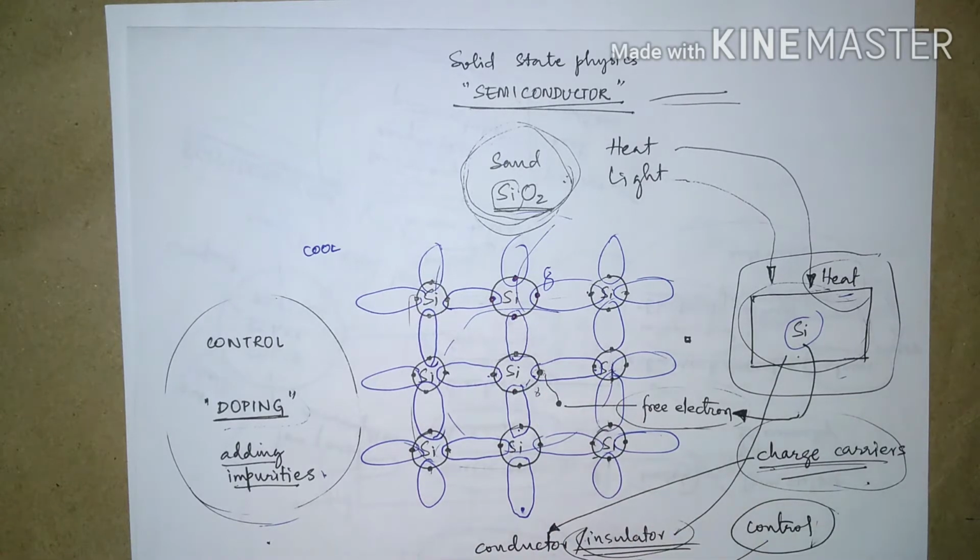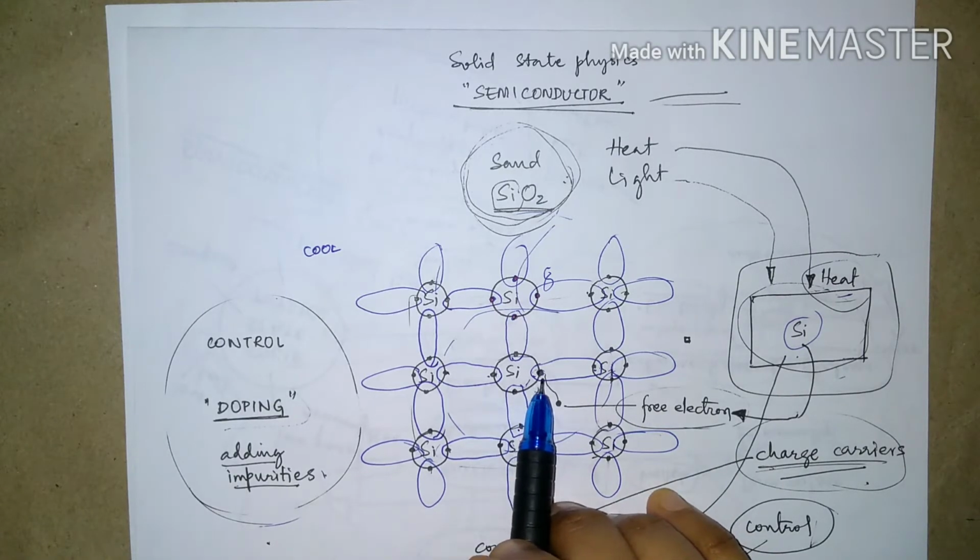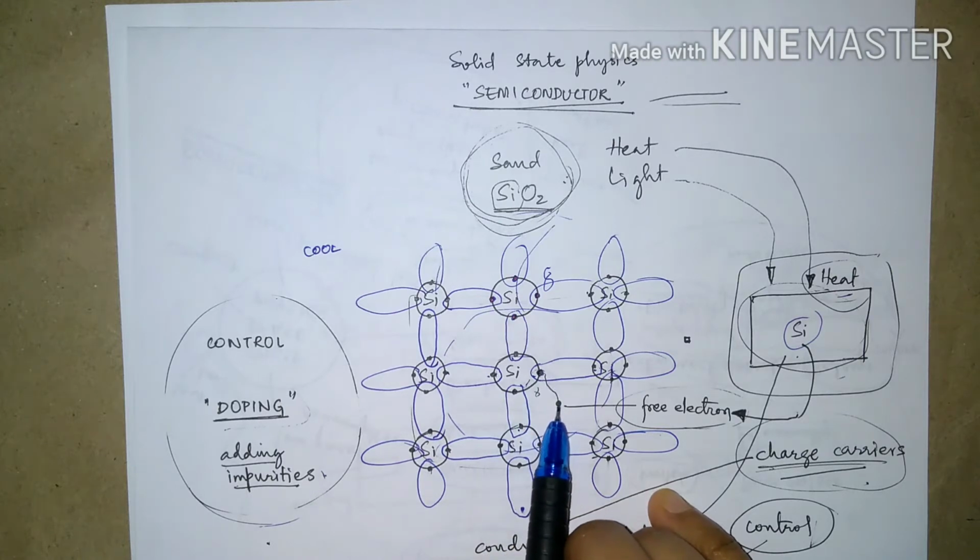Whenever you give extra energy, it is like if you take more food, you should do more work, or else you will become obese, you will become fat. So an electron, whenever it gets extra energy, whether in the form of heat or light, takes that energy and comes out of that bond to lose the extra energy which it has gained.